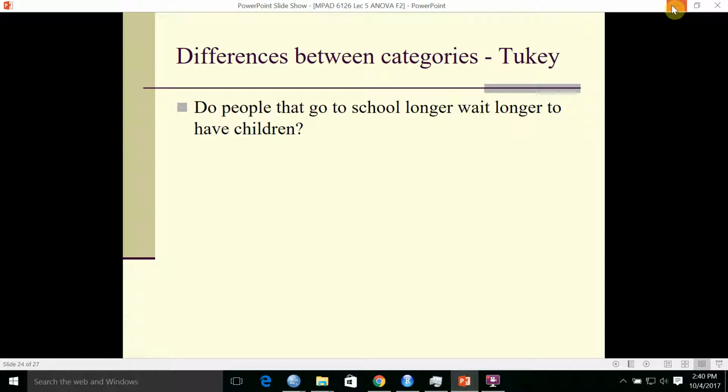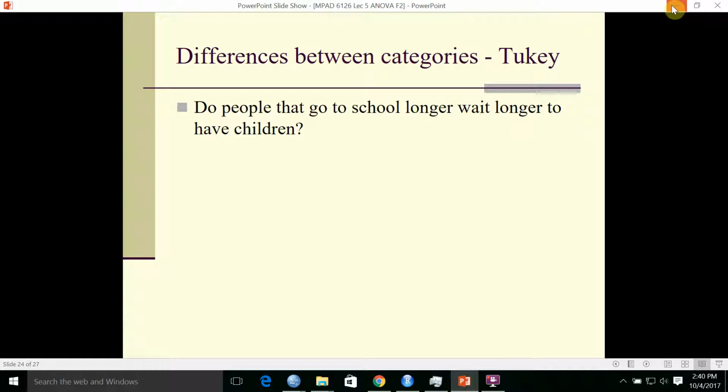Okay, so let's think about something that might matter to public policy or public administration in our data set that we could answer. Particularly those of you that are going to get your master's degree and have put off having children, or may have put off having children, you might want to know if your life circumstance is any different than anybody else's.